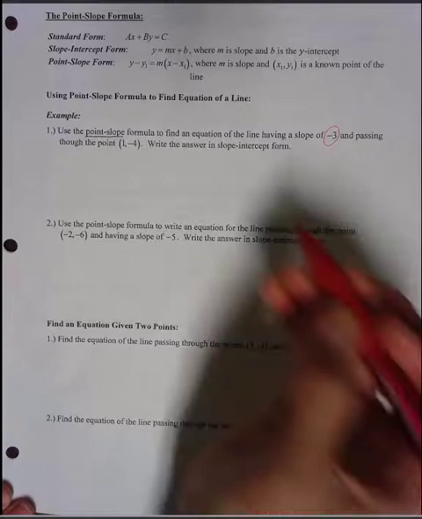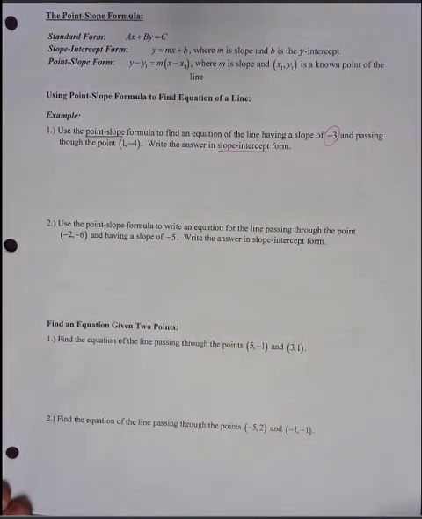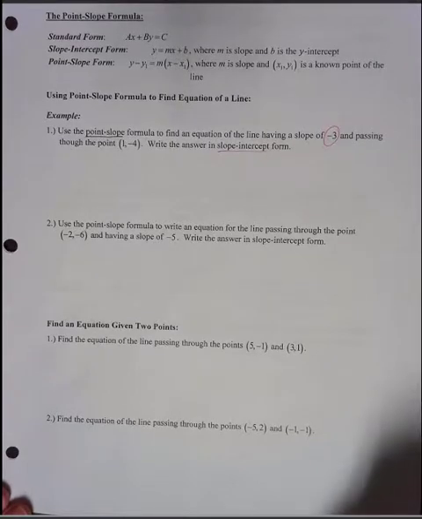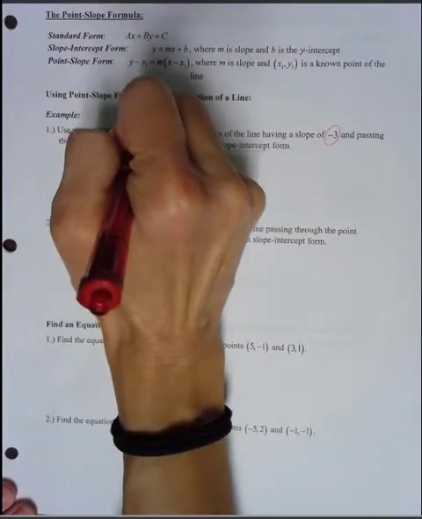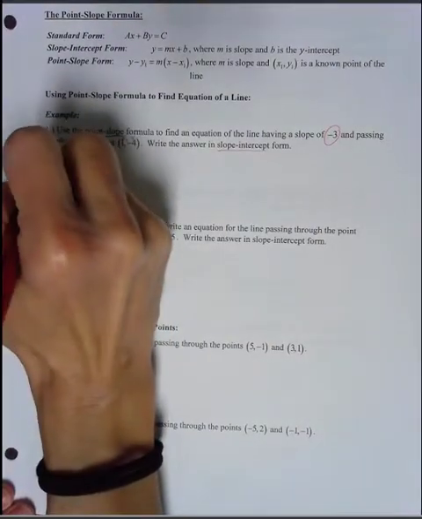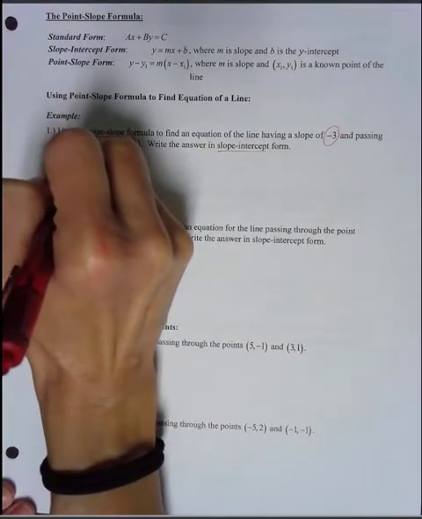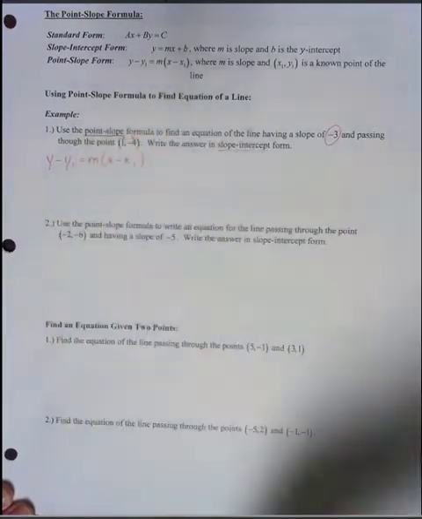Okay, so it wants us to write the final answer in slope-intercept form, but we can use point-slope to initially start the process. So I'm just going to label this as x1, y1 so that we can easily put it into our point-slope form. y minus y1 is equal to m times the quantity x minus x1.